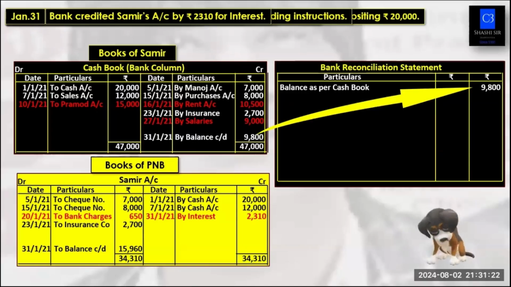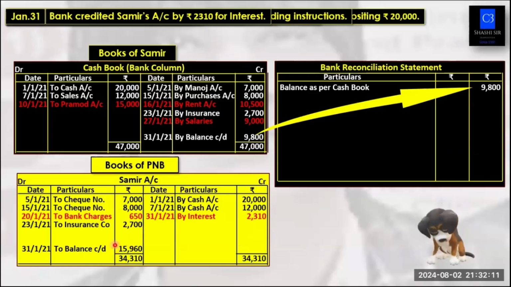And now we will see each and every missing transaction in the other books, and either we will add this amount in the statement, or deduct this amount from this balance 9,800. But we will have to think about which transaction needs to be added here and which item needs to be deducted in the statement, so that we arrive at this balance.